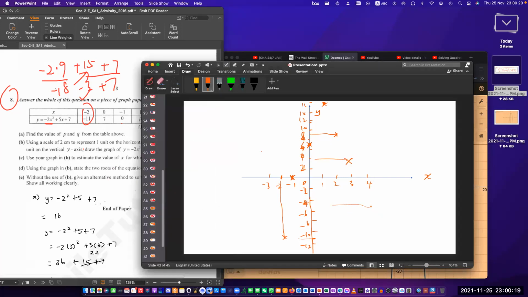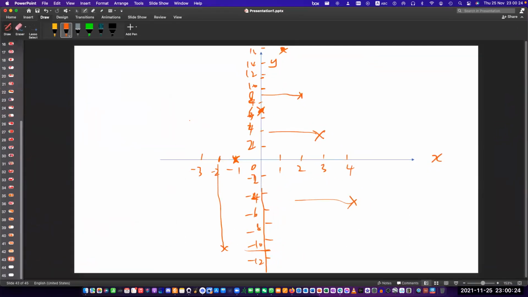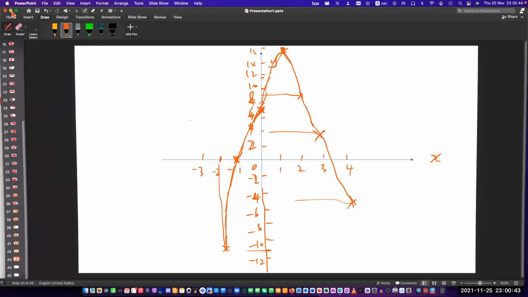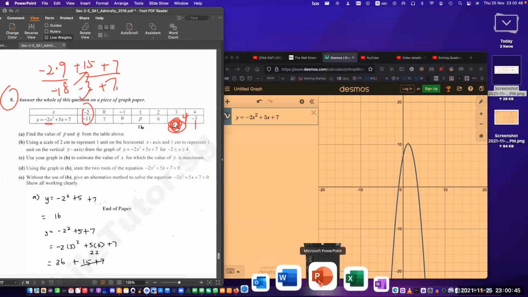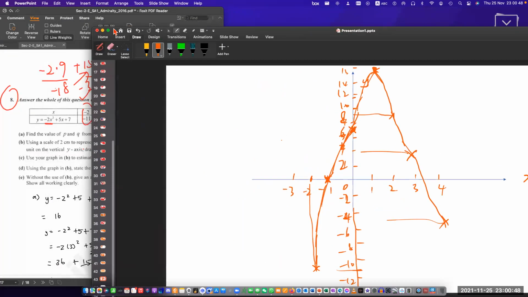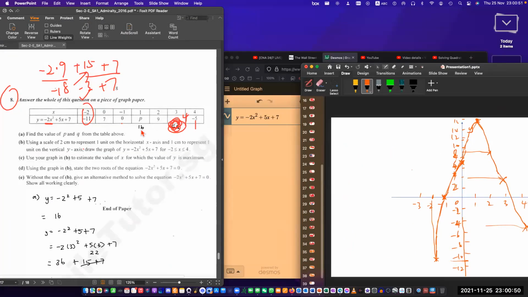4 and -5. And once you have all these points already, you just join them up. So this is not a very good sketch, because I'm using freehand plus all the scale is not very good, but I just want to give you the shape. Okay, this is how it should look like. I think you have more mistakes than I realized. I'm not sure whether this is 16. Let's sub in again.